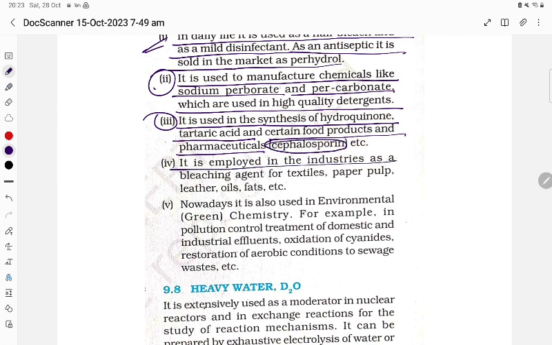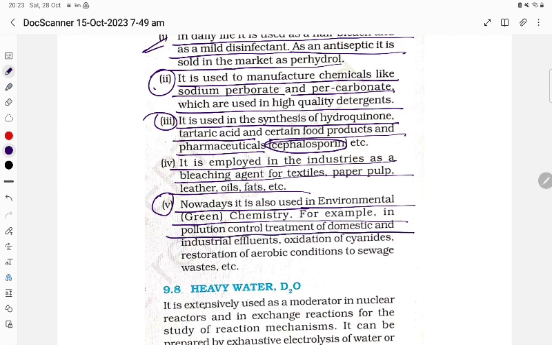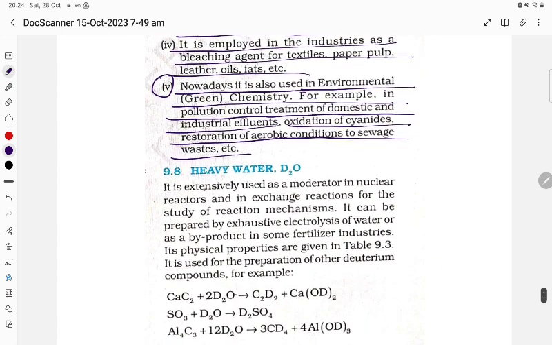It is employed in industries as a bleaching agent for textile, paper, pulp, leather, oil, fat, etc. Fifth, nowadays it is also used in environmental green chemistry, for example in pollution control, treatment of domestic and industrial effluent, oxidation of cyanides, and restoration of aerobic conditions to sewage waste.